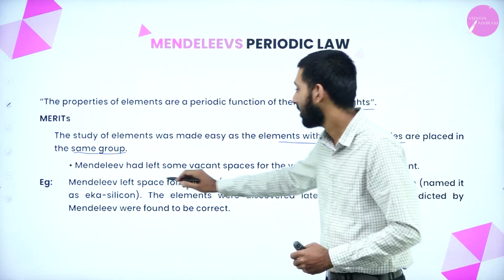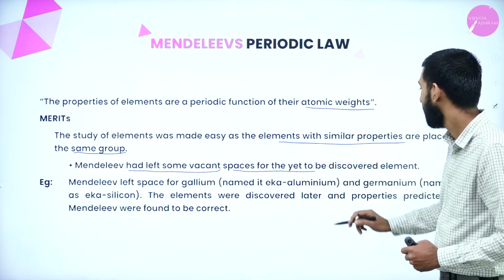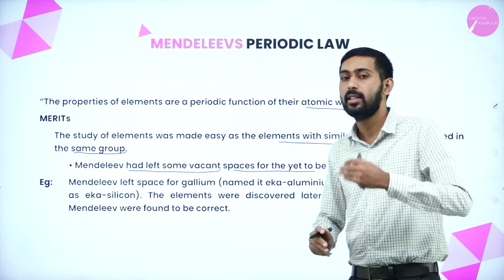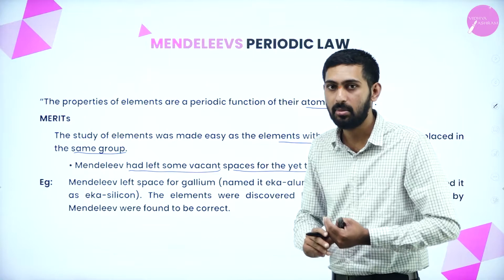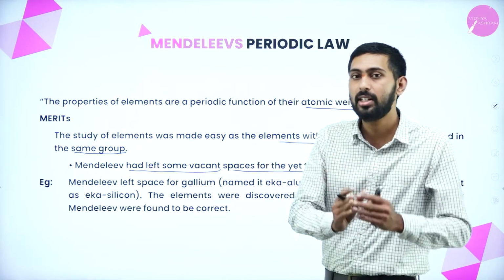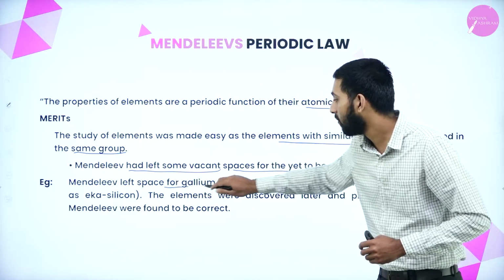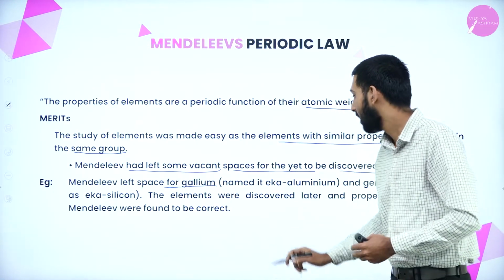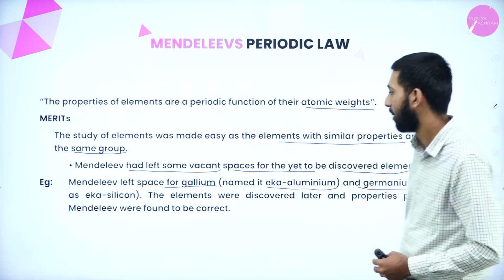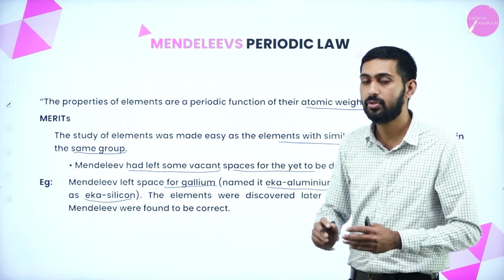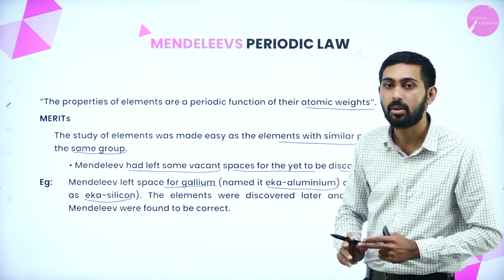Next thing is Mendeleev had left some vacant spaces for yet to be discovered elements. He kept some vacant spaces because discoveries were going on at that time. Mendeleev left space for gallium, named eco-aluminium, and germanium, named eco-silicon.